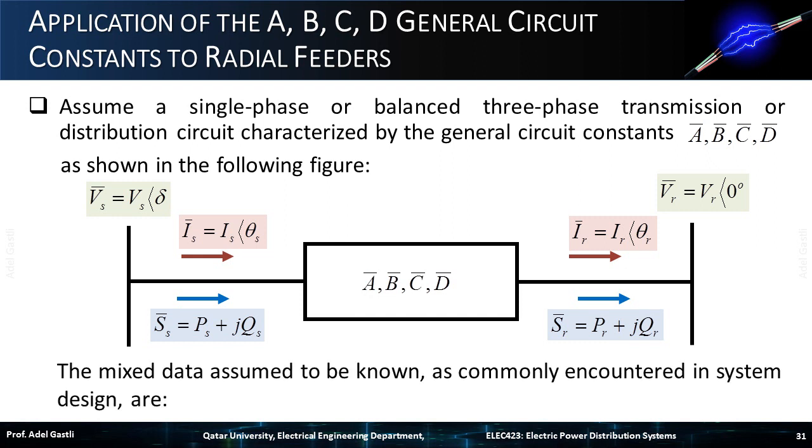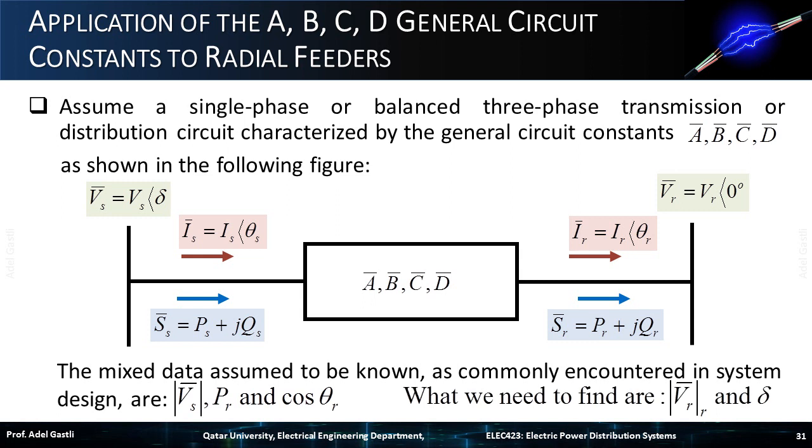The mixed data that are assumed to be known, as commonly encountered in distribution system design, are source or sending end voltage, Vs, receiving end power, PR, and receiving end power factor, cosine theta R. What we usually need to find, are the receiving end voltage Vr, and sending voltage angle delta. Considering the receiving end voltage vector angle, as the phase reference.